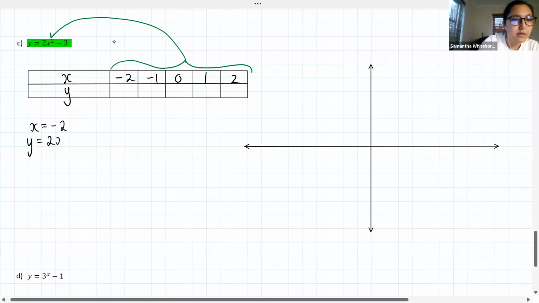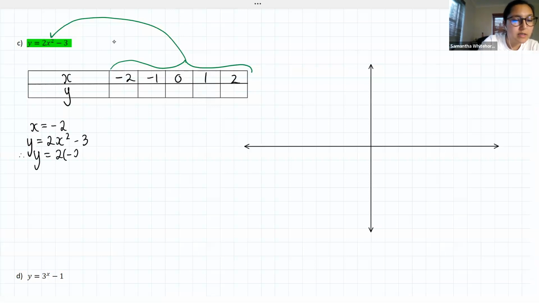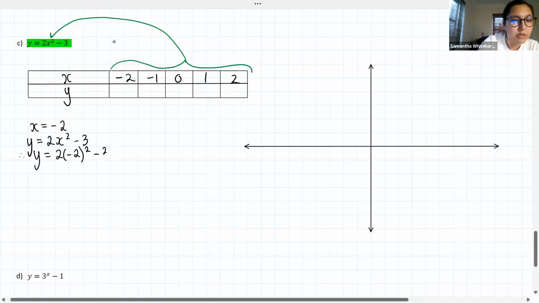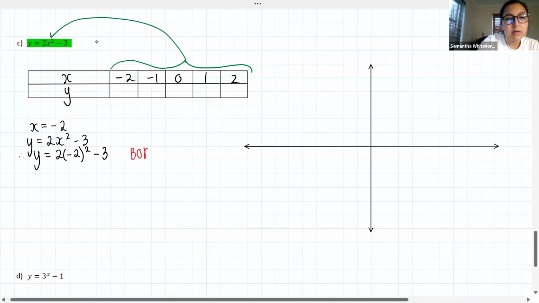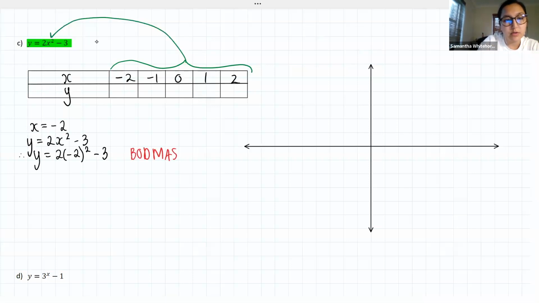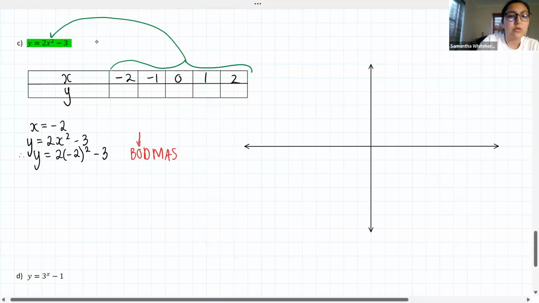So when I substitute, y is equal to 2 times -2 squared minus 3. Now, guys, this is where BODMAS is very important. BODMAS, PEDMAS, whatever you use, tells us that we need to do the brackets or the exponent first.